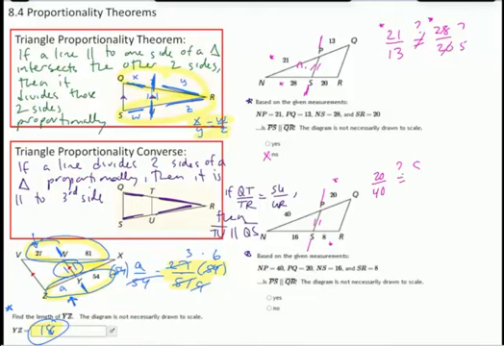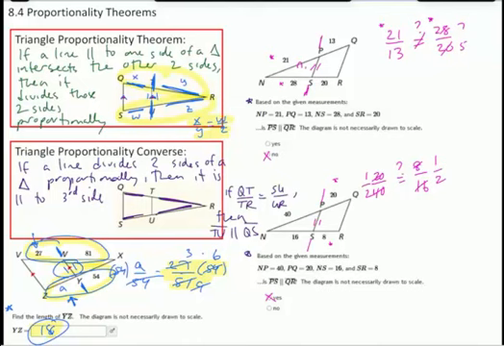I'm going to see is that equal to 8 over 16. 20 and 40 have a common factor of 20, so it reduces to 1/2. 8 and 16 have a common factor of 8, reduces to 1/2. So here I do have that relationship. These are proportional to each other. Therefore, the answer is yes, these are parallel lines.